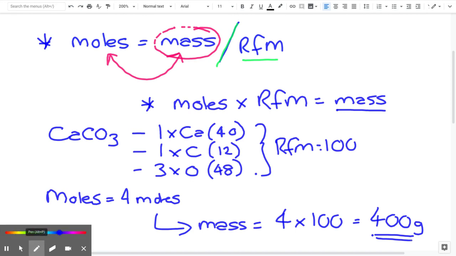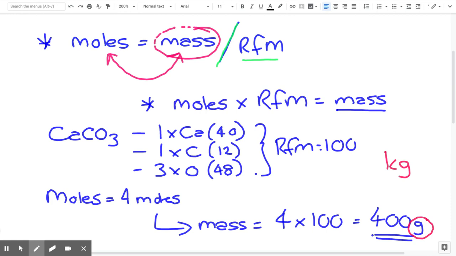One thing just to be aware of in an exam or in any question that you may see is that the standard unit for mass is obviously grams. Just be aware within a question whether or not it has given you a unit of kilograms. Obviously you'd have to convert back into grams.